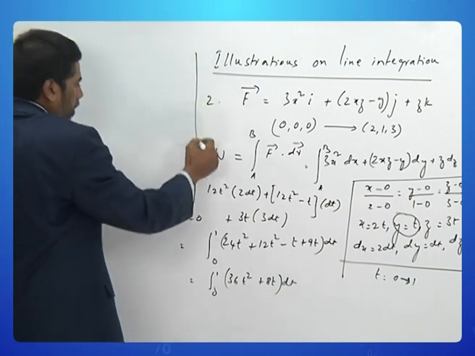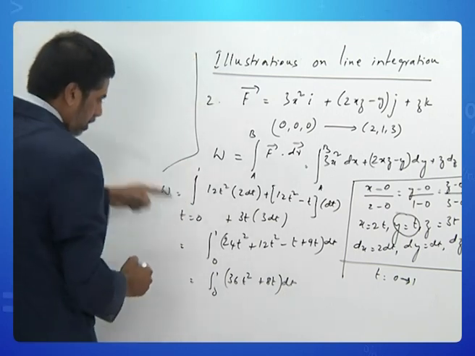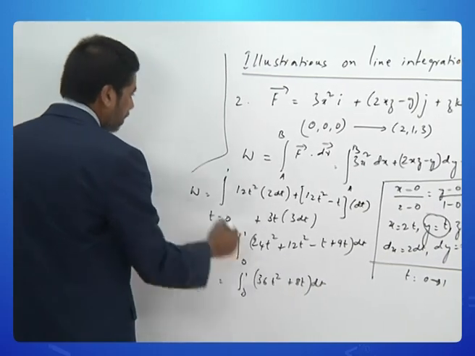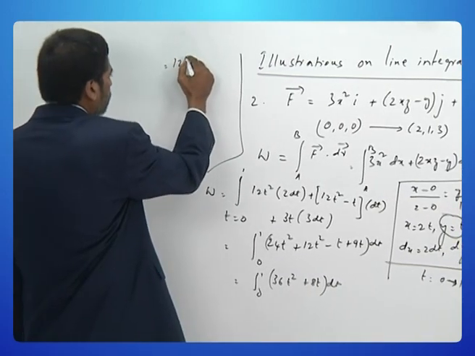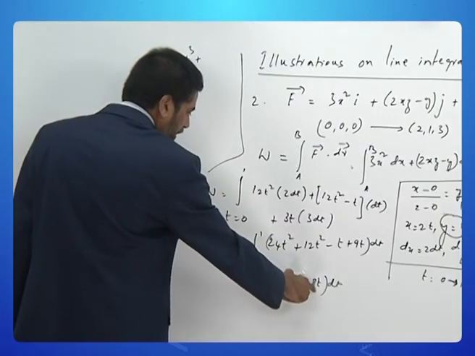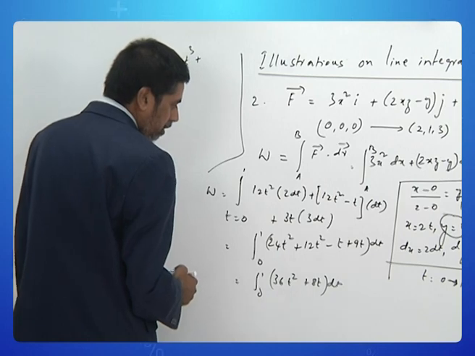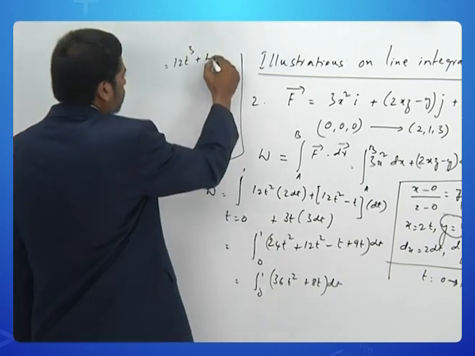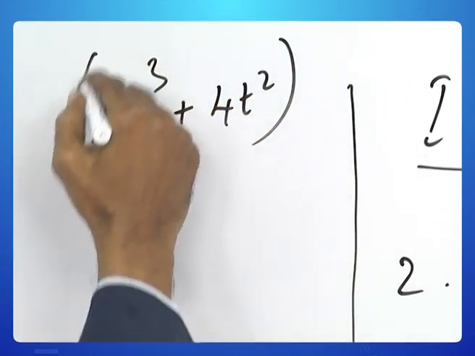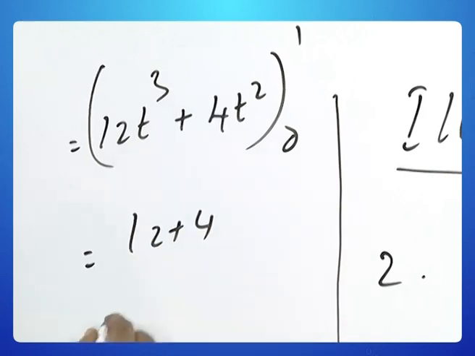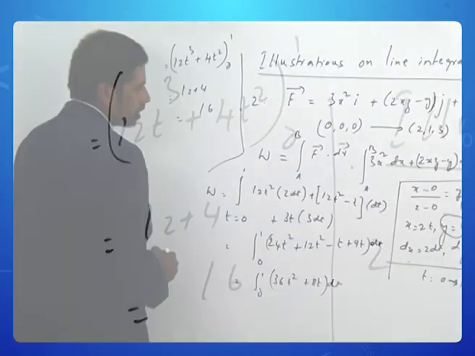Let us do that small calculation here. Integration of 36t squared would be 36t cube by 3. So we will get 12t cube plus integration of 8t is nothing but 8t squared by 2, that is 4t squared, from 0 to 1. So this is 12 plus 4, which is 16.